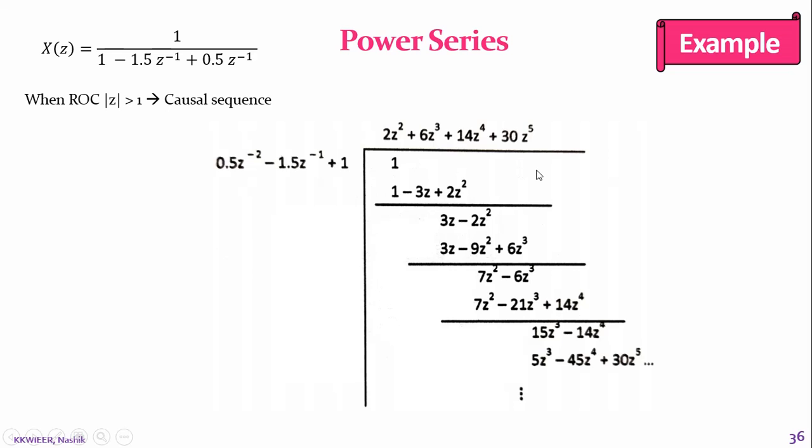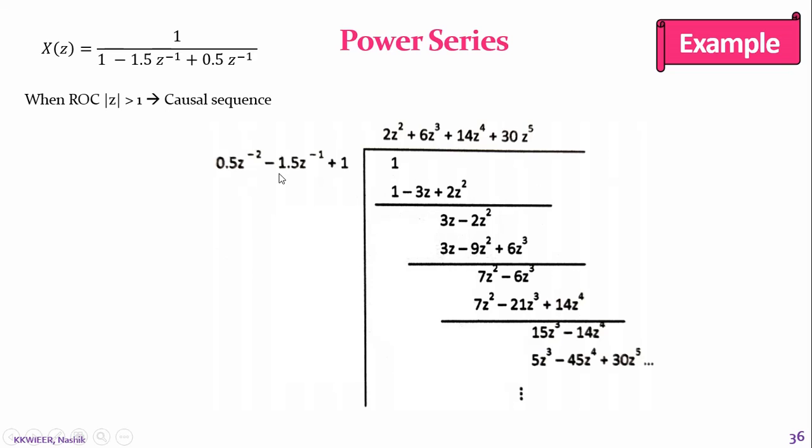So perform the normal division method. Here you have to write the numerator, that is 1, and this will be your denominator. Now write the terms in descending order. By considering the first term, that is 0.5 z raised to minus 2, how to get 1 from this term?